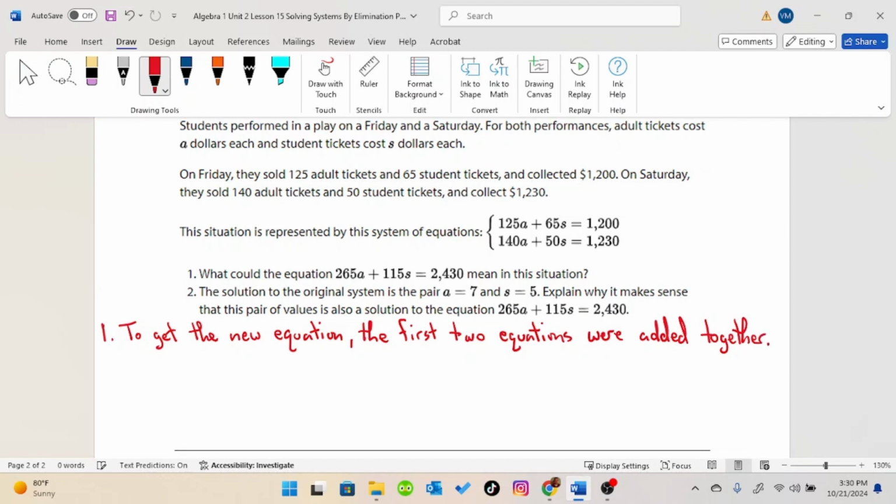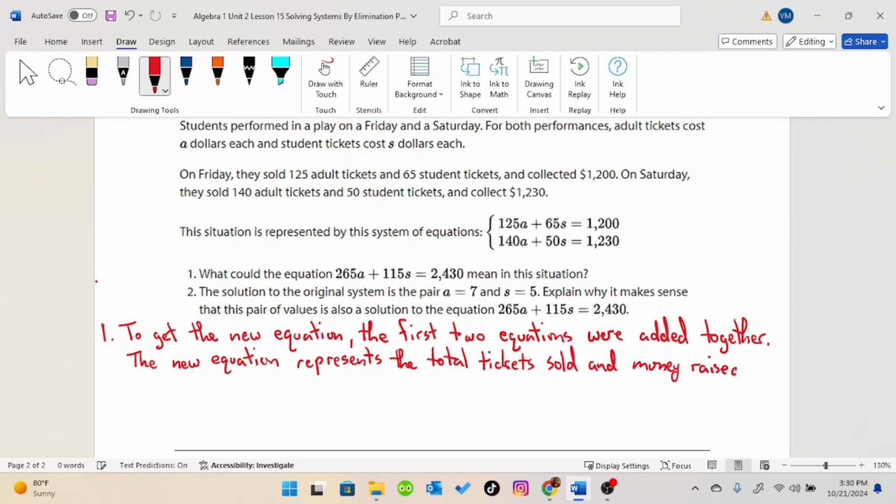So when they want to know what this equation could mean, the new equation represents the total tickets sold and money raised for both days combined.